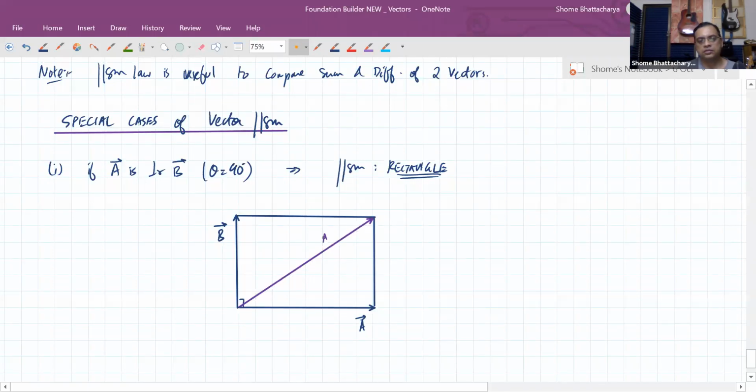So this is the sum and this is the difference.